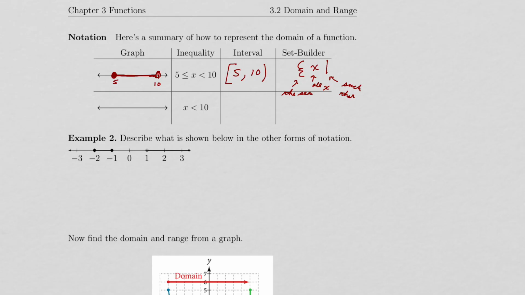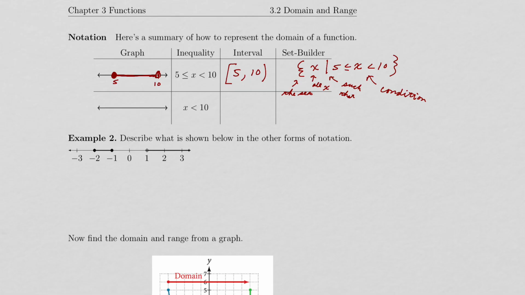And then I put the inequality here: x is greater than or equal to 5 and less than 10. And then close the set. So this is like the condition, basically. So you read this as the set of all x such that this condition holds: x is greater than or equal to 5, less than 10.